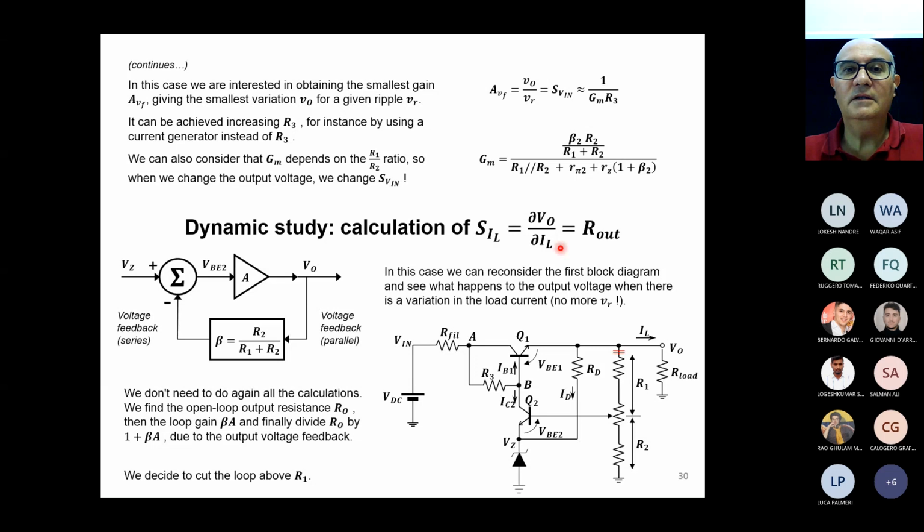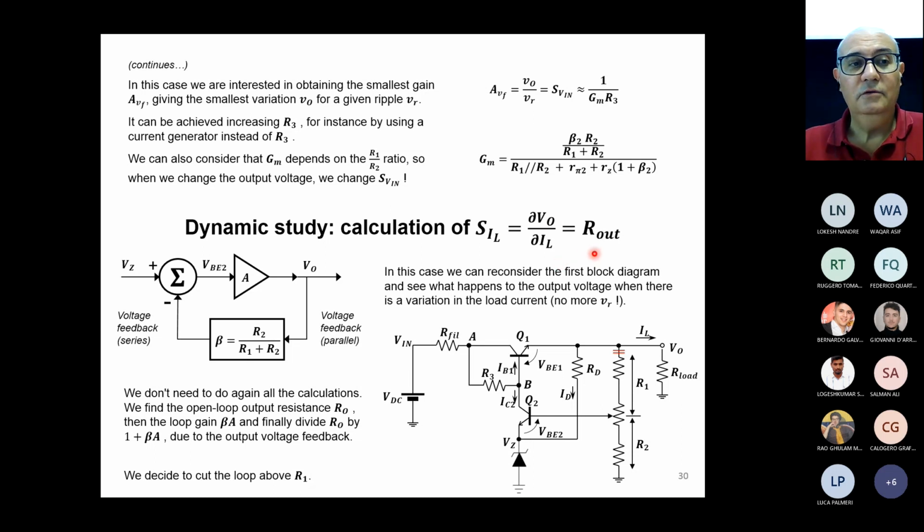And if you remember, in a system where we have an output voltage and output current, if we take the derivative of the output voltage in terms of output current, we get the output resistance. We can consider that this power supply is basically a real voltage generator, so a voltage generator with this output resistance in series. And this is one way to calculate the output resistance, just considering the derivative of the voltage in terms of current.